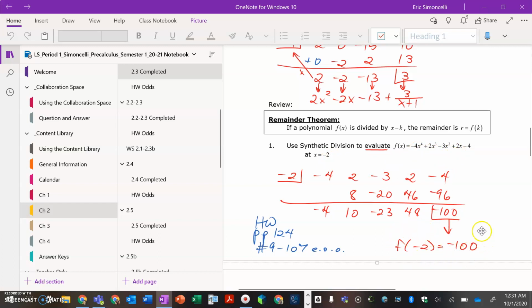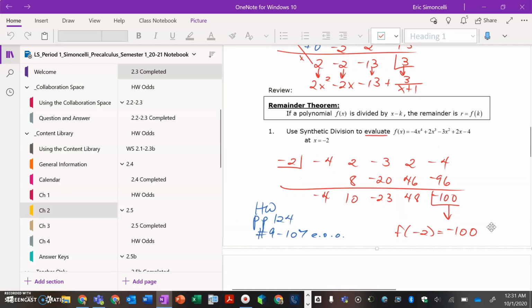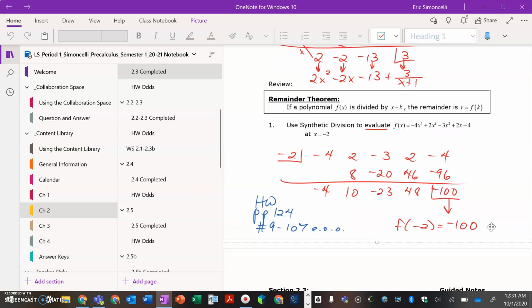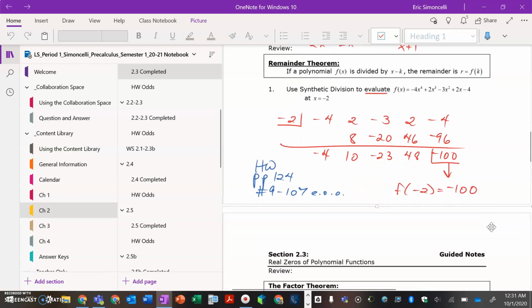This particular result kind of speaks to that, and technically speaking, -100 would be the y value if you were to plug in -2 into those respective x positions. So there you go. That is f of -2, as you see, equal to -100. Again, simply an ordered pair, -2, -100. Kind of neat. So synthetic division serves more than one purpose.